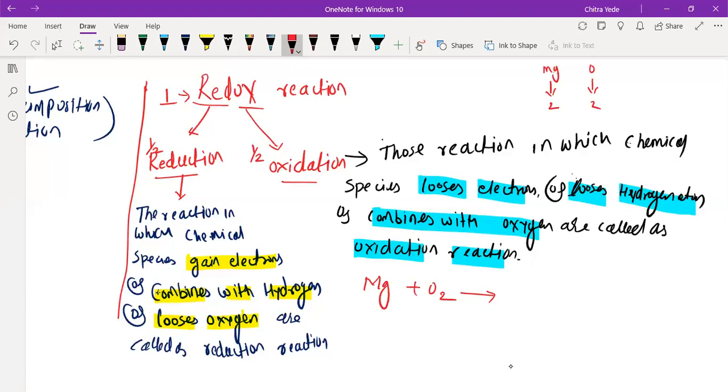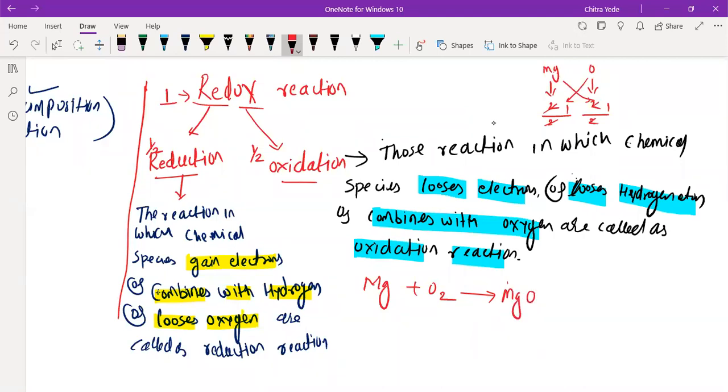We only have 10 minutes left for our first session, so we have to go very fast. We have to convert this ratio into a simpler form, so we divide both by 2. The 2 and 2 cancel to 1, and here also 2 and 2 cancel to 1. That means we require one magnesium and one oxygen, so the product will be MgO.